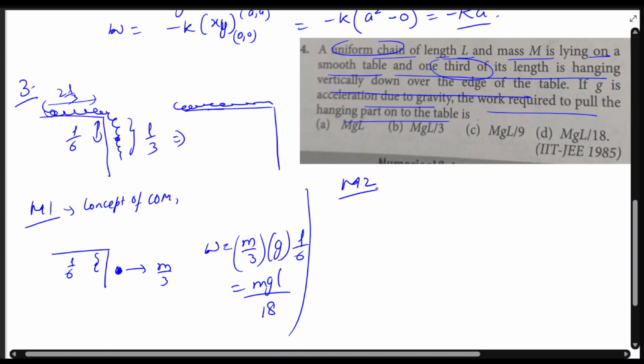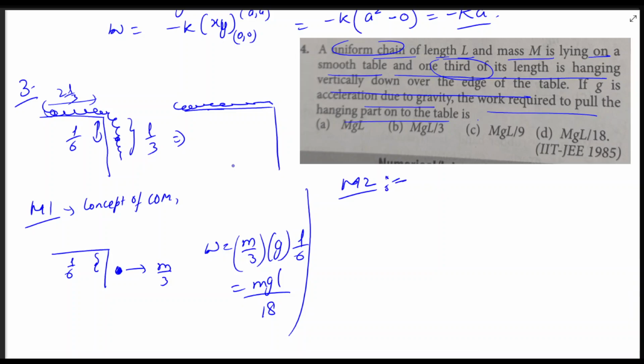The second method: we have studied that we can generalize this situation and solve it. How? Let us consider from the table, at a distance x downside, there will be a particle which we call dx, right?